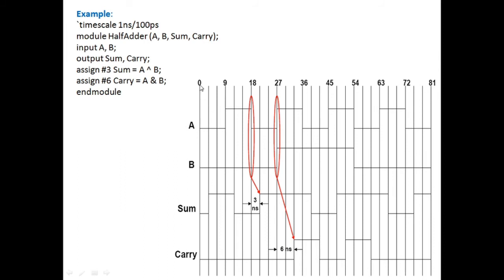From here to here we'll see 0 nanoseconds. This is 0 nanoseconds and this is my 9 nanoseconds. So 0 and exclusive or 0 is, of course, 0.